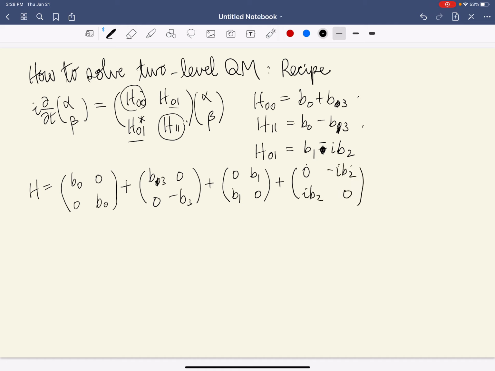This is nothing but an expansion of this matrix in terms of different matrices containing only one real number, either b0 or b1 or b2 or b3. Now you can further take out the coefficients and put the whole thing in this form.